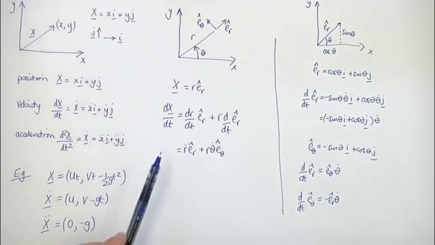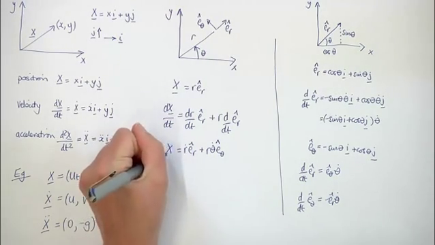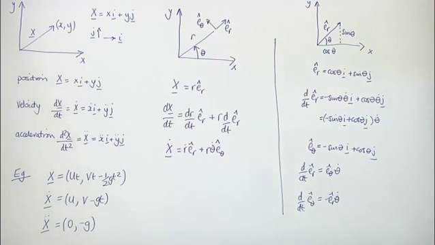So we've now got an expression for the velocity in polar coordinates. We note that it's more complicated than the position. It's got a component in each of the directions.